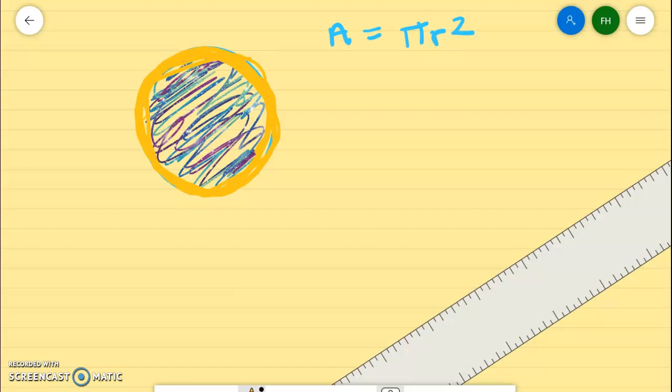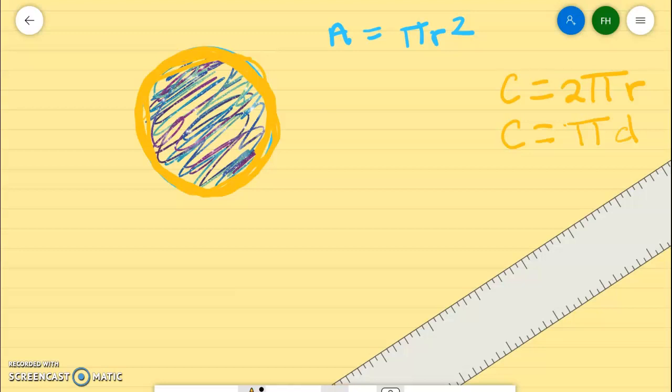So you're measuring around it. If you do that, you're going to do 2 pi r, or another way to write that is 2 radiuses make the diameter. So you could either write 2 r's or you could just write the d. So those are your two options there.